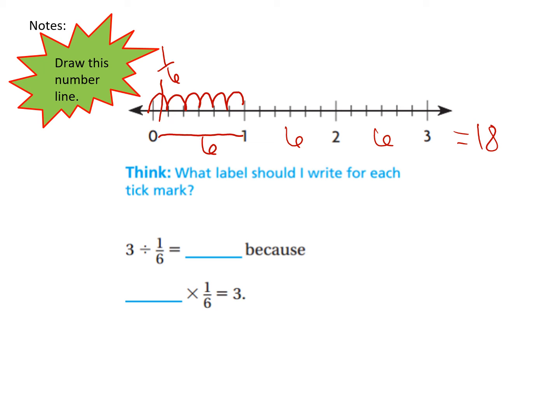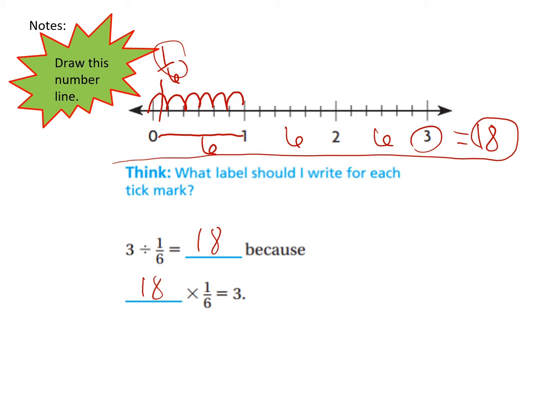So 3 divided by 1/6 gives me a total of 18. And 18 times 1/6 gives me a total of 3. If I put 18 of 1/6 together, 1/6 plus 1/6 plus 1/6, 18 times, it would equal 18/6, which equals 3. All right?